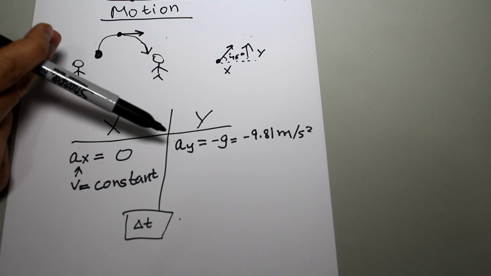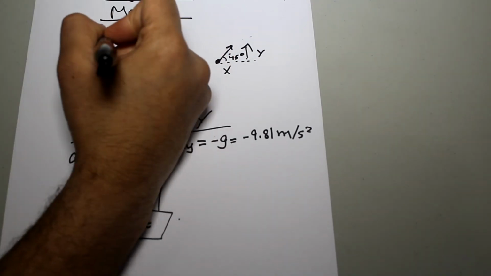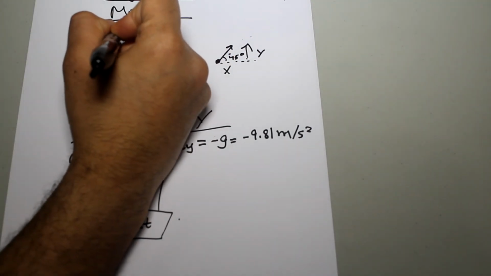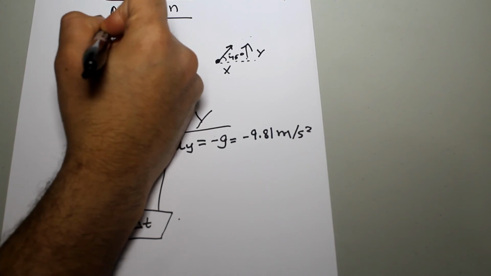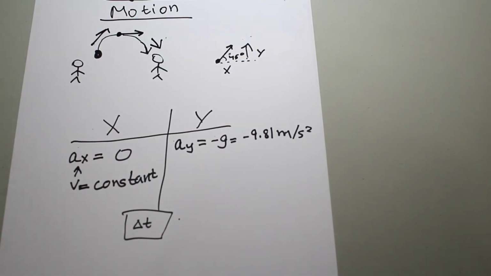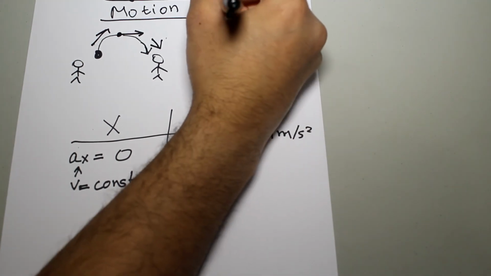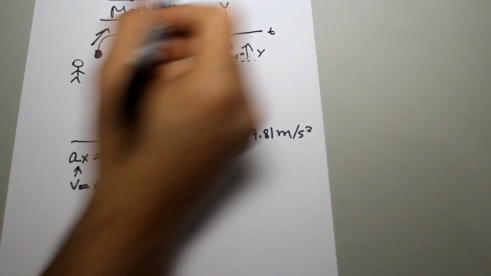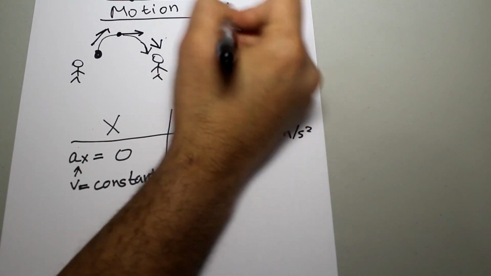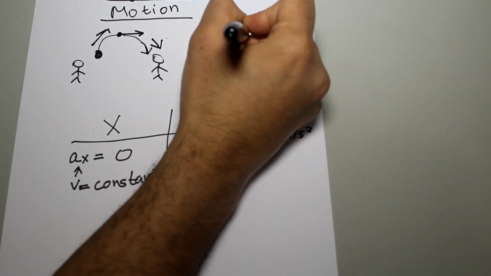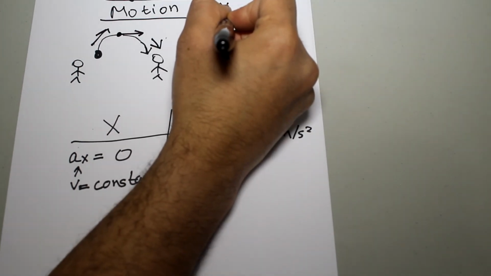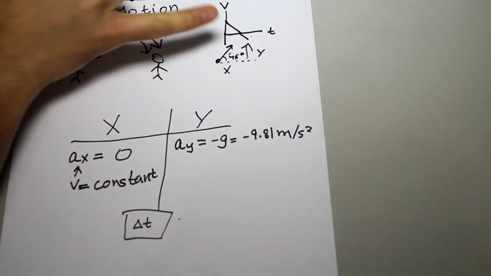But in the y direction, there is a point where the velocity changes from positive to negative. So if you were to look at the velocity versus time graph, you see that it's v against t, and then you see that at this point the object goes from a positive to a negative.